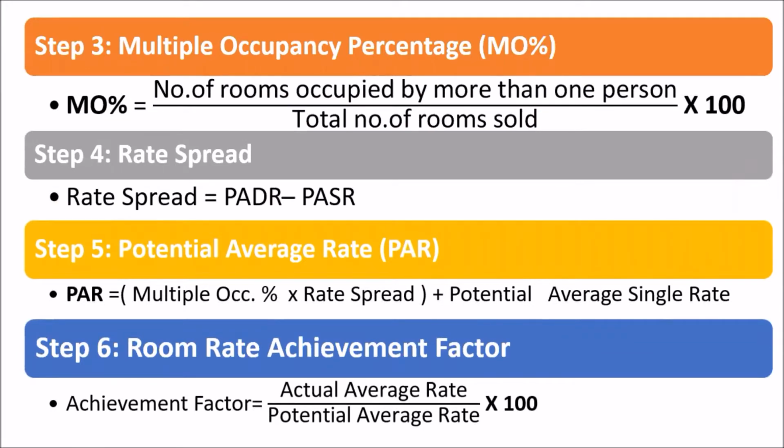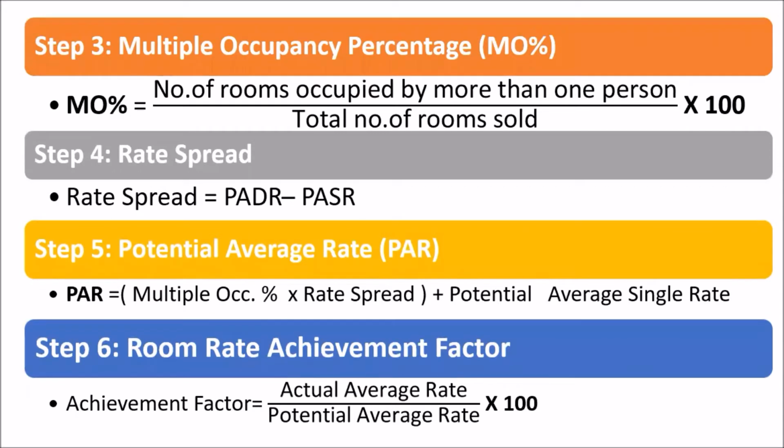Step 3 will calculate multiple occupancy percentage. MO percentage is equal to the number of rooms occupied by more than one person upon total number of rooms sold, multiplied by 100. Step 4 is rate spread, which is the difference of potential average double rate and the PASR, potential average single rate. The formula is PADR minus PASR.